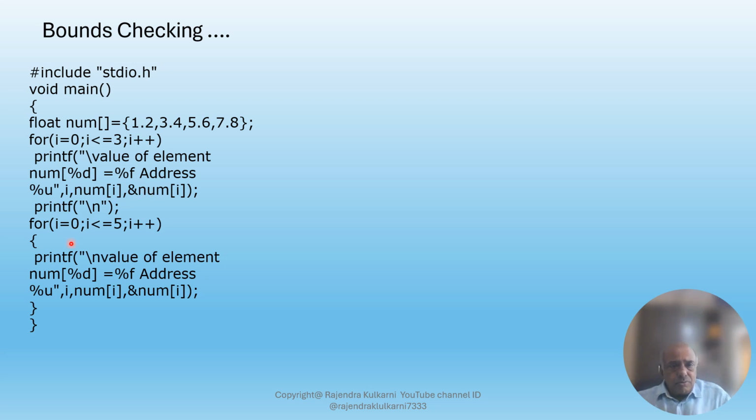In the second loop, what we are doing is for I is equal to 0, I less than or equal to 5. Actually, the array num has the dimension of 4. But here we are trying to take out the values stored in 6 elements of the array num, when actually the array num has only 4 elements.